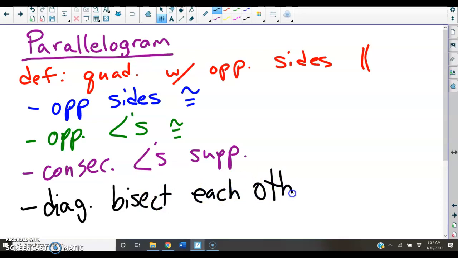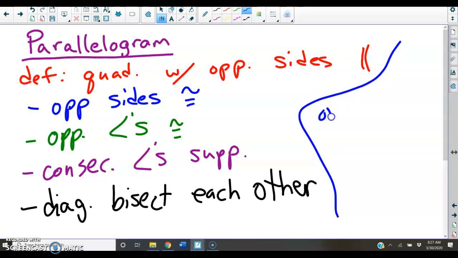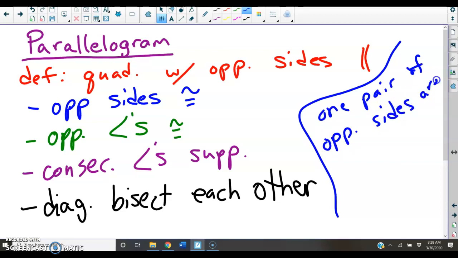Okay. If you are trying to prove a quadrilateral is a parallelogram, remember that extra one we had. If one pair of opposite sides is both parallel and congruent, you're going to have a parallelogram.